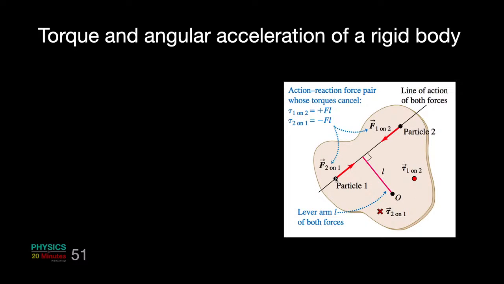Now particle 1 exerts some force on particle 2 this way, and particle 2 exerts an equal and opposite force on particle 1 in this way. Remember, these forces will be equal and opposite because of Newton's third law. Now, about point O, these forces may induce some torque. These torques are going to be called torques which are internal to the body.